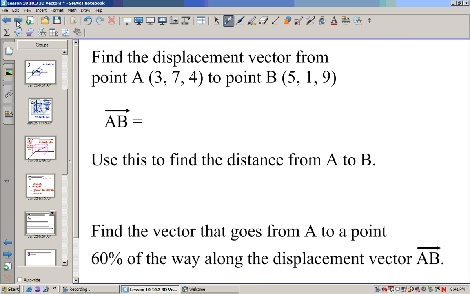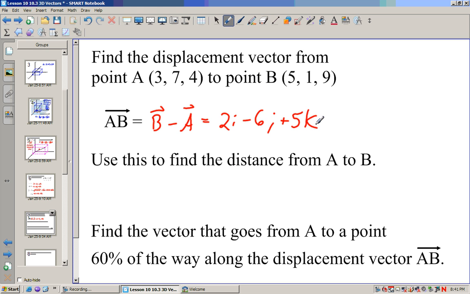Now to find the displacement vector from point A to point B, that's the vector AB. Remember we take vector B, subtract it from vector A. So that would be 5 minus 3, which would be 2i, 1 minus 7, minus 6j, 9 minus 4, which is 5k.